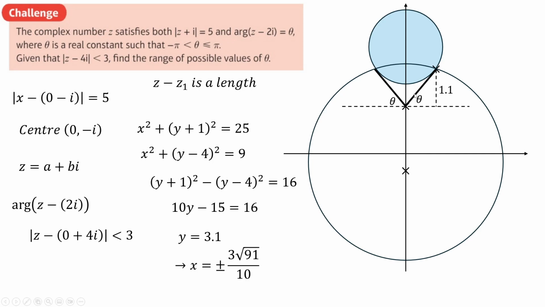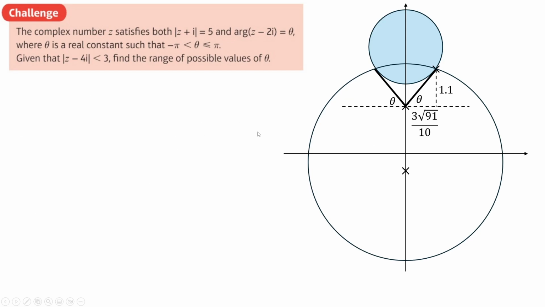So from here to here, in terms of y coordinate, is going to be 3.1, but from here to here is just going to be 1.1. So this length here is just 1.1. And then this across here is just going to be whatever this x is, because it's not offset by any amount. Now we've got this, we can just use inverse tan of 1.1 over this equals theta.